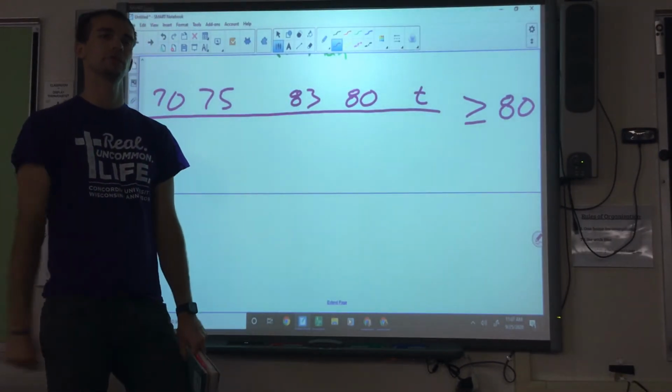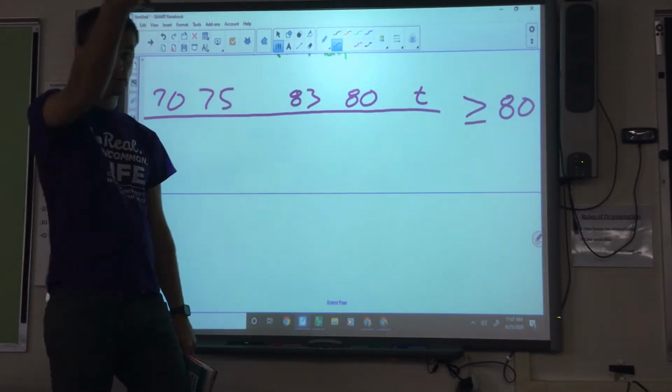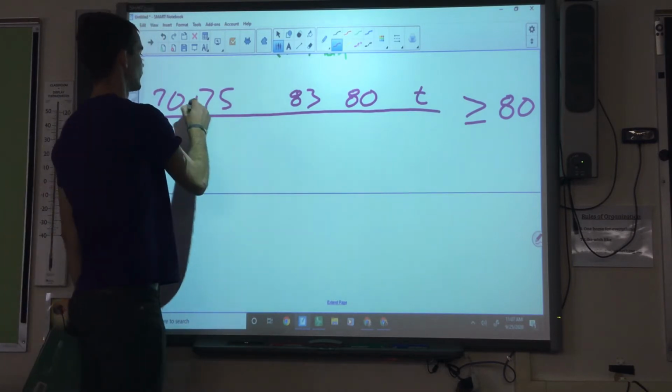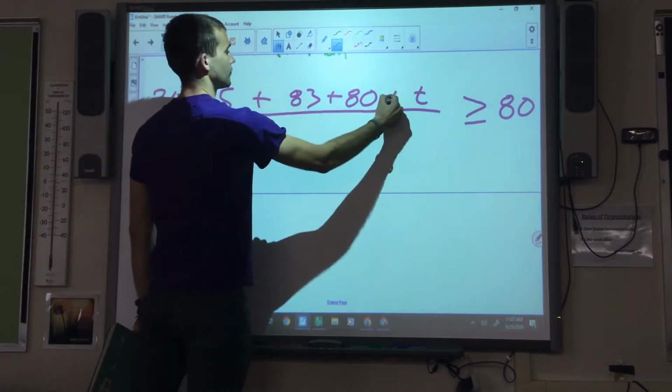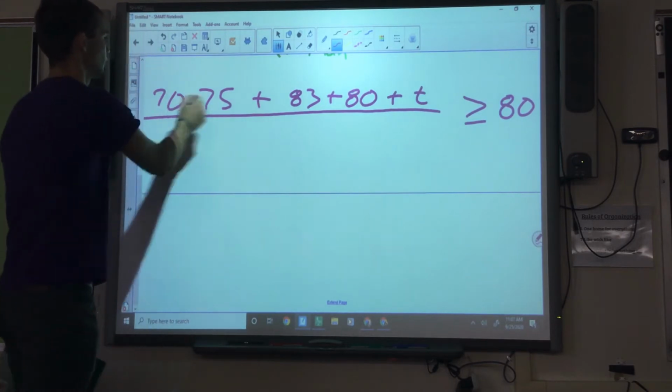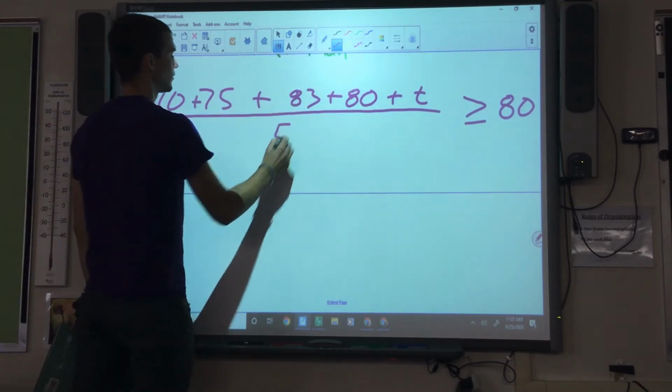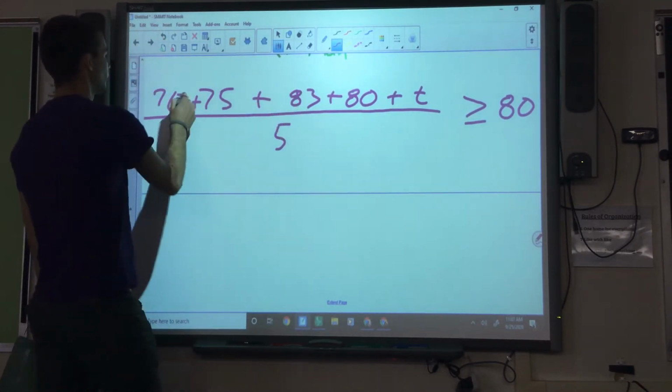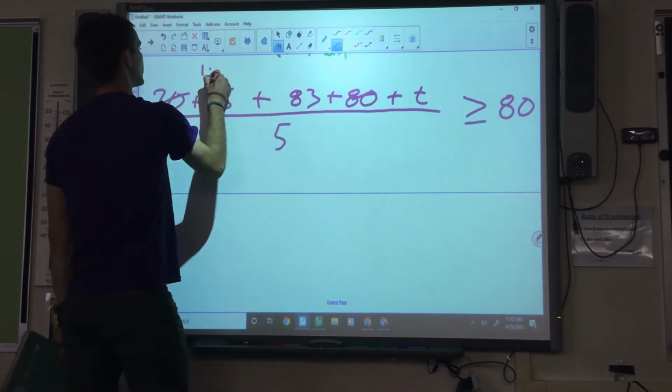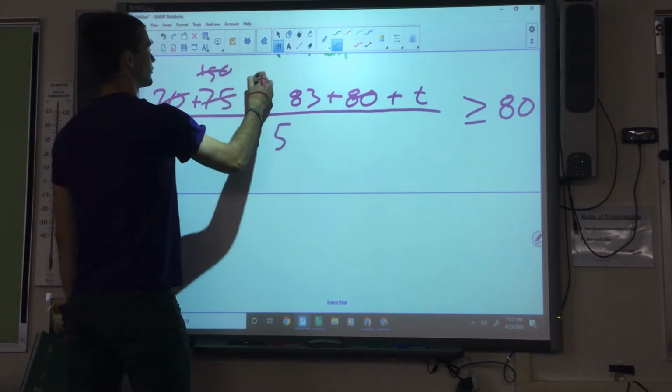How do you find the average of numbers? Add them all up and divide by the number of numbers. Yeah, so 1, 2, 3, 4, 5 numbers. I add them all up. Well, 70 and 80 is 150. And 150 and 75 is 225.